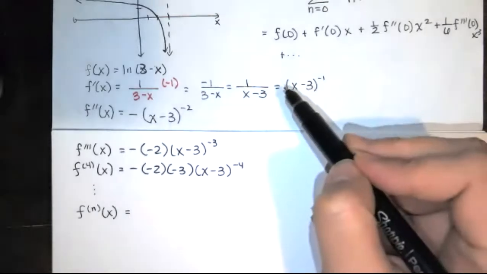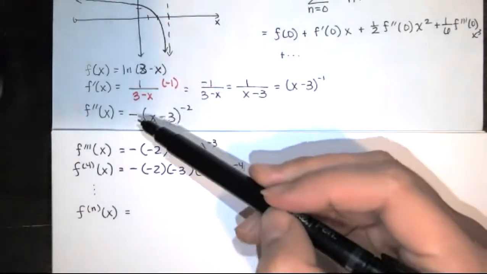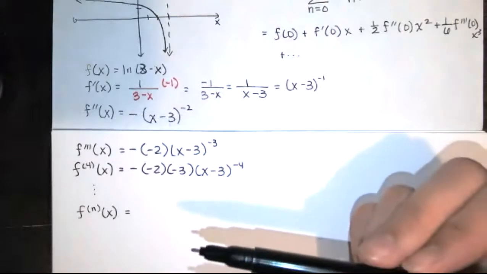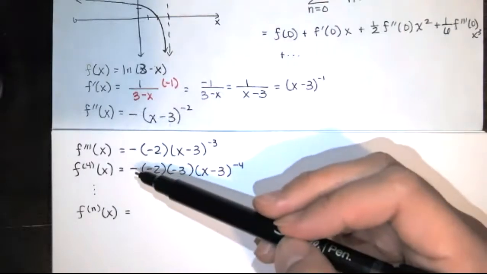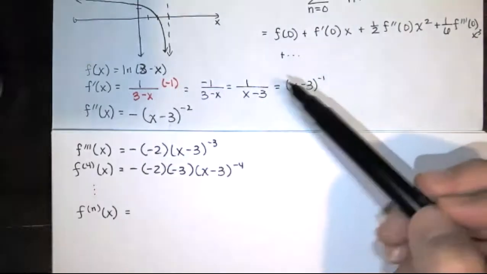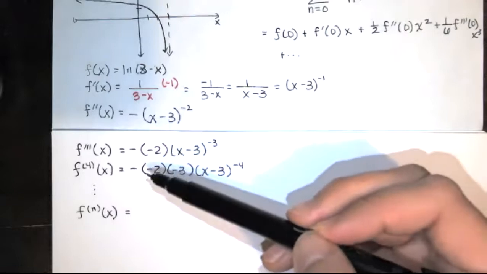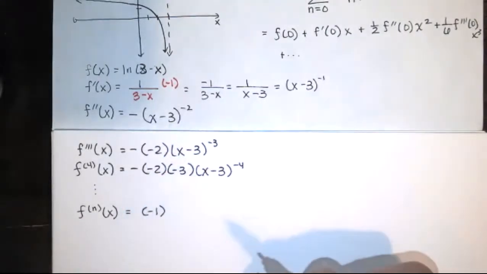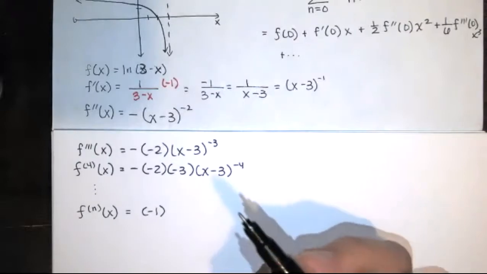Well, I notice that this starts off positive, and then it's negative, and then it's positive because a negative times a negative is a positive. And then we've got a negative times a negative times a negative, which is negative. So it's positive, negative, positive, negative. So this is going to involve an alternating expression.